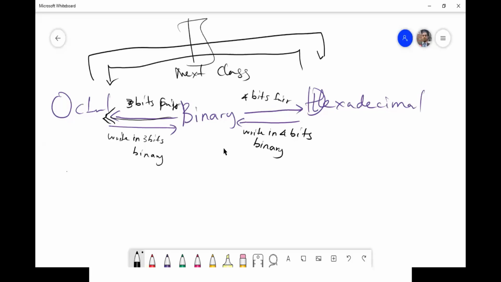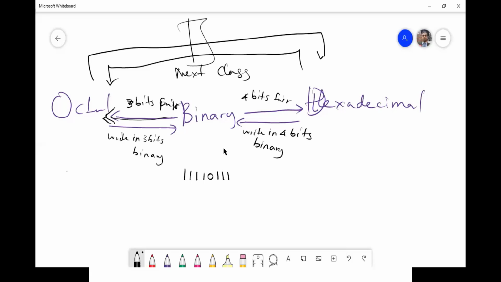For example, take the binary number 111 101 011.